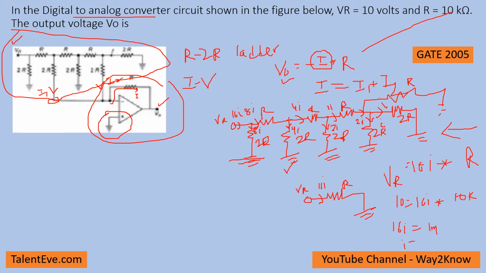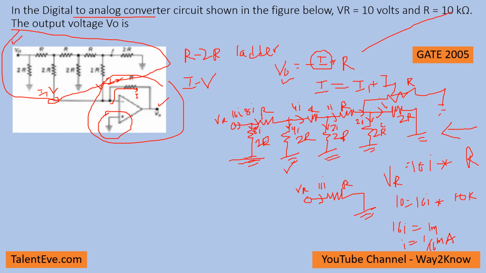That means I is equal to 1 by 16 milliamps. This is the total current that will be coming out into this R-2R.